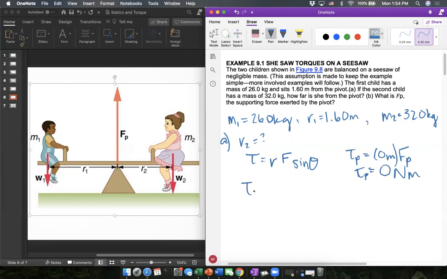If we want to know the torque of the first one and the torque of the second one, we need to identify these things.